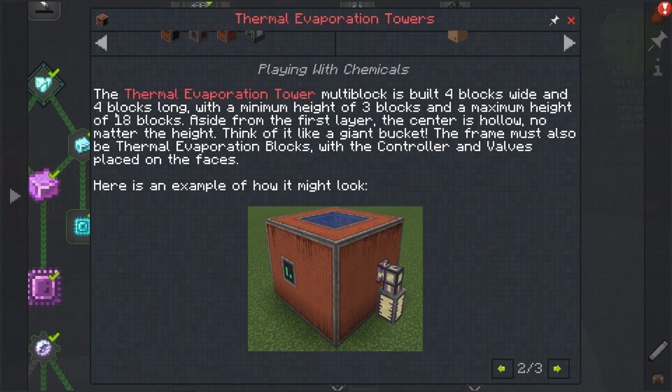So it's 4x4, and minimum height of 3 blocks, and 18 is maximum. Like, where on Earth you need 18 blocks tall freaking evaporation tower? I mean, if you don't want to have buffers, like a buffer tank between, I think maybe then, but that's just massive, horrendous, I would say.